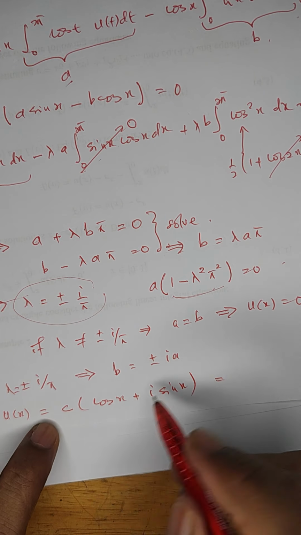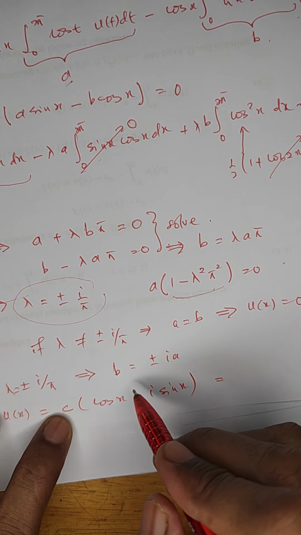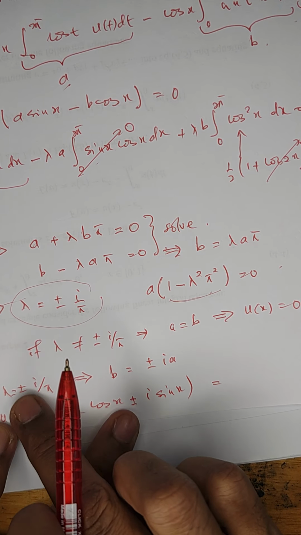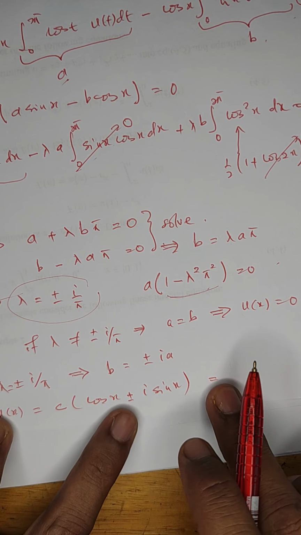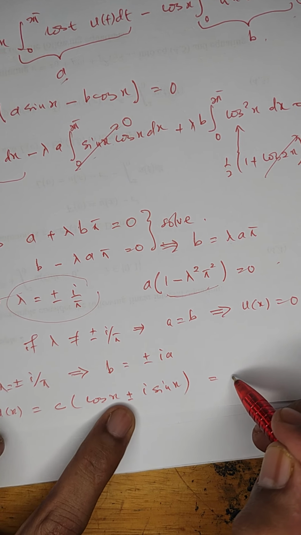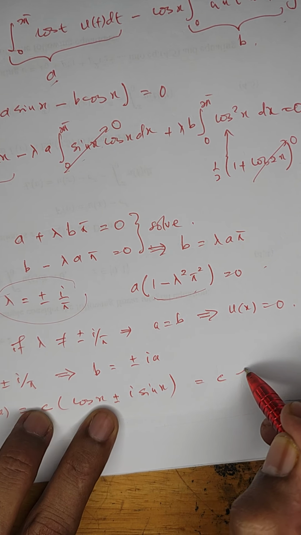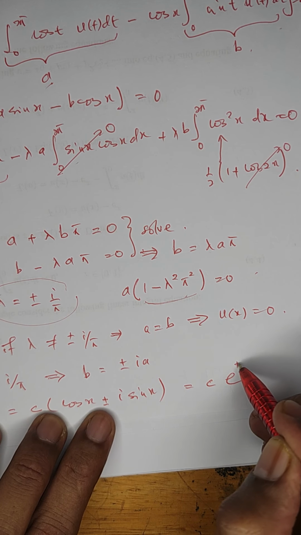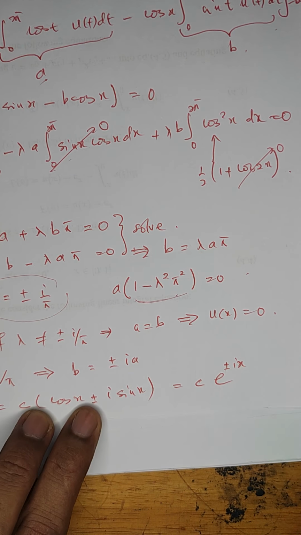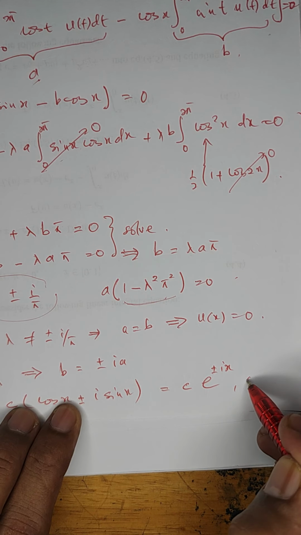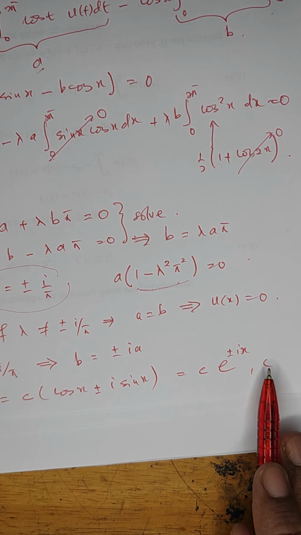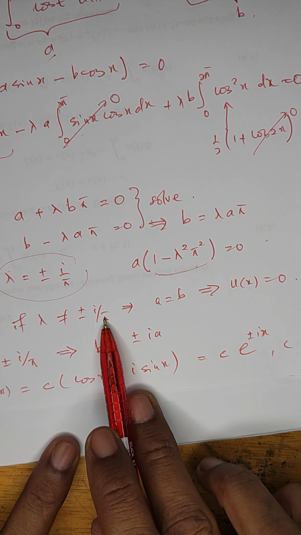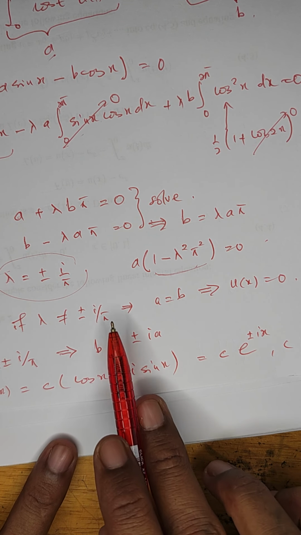That will give you a plus minus, because we have plus minus here. So this is basically a constant c e to the plus minus ix, where c is any constant.